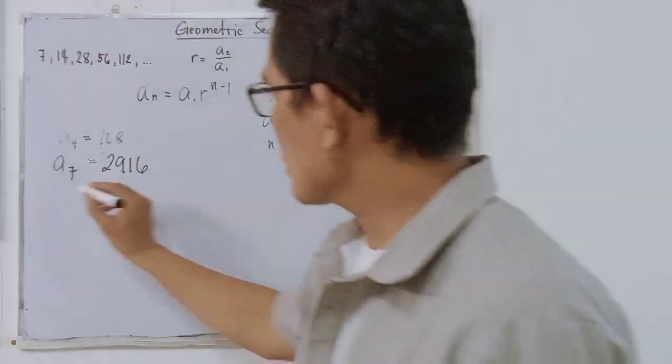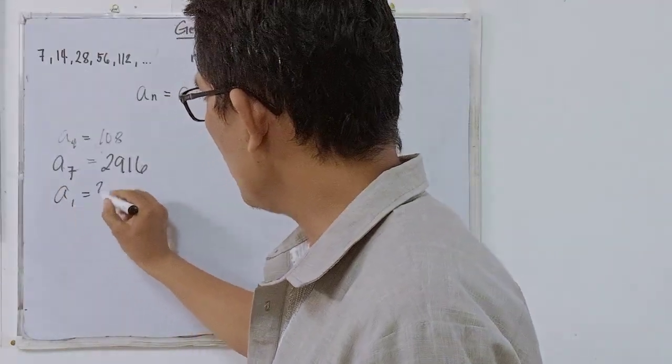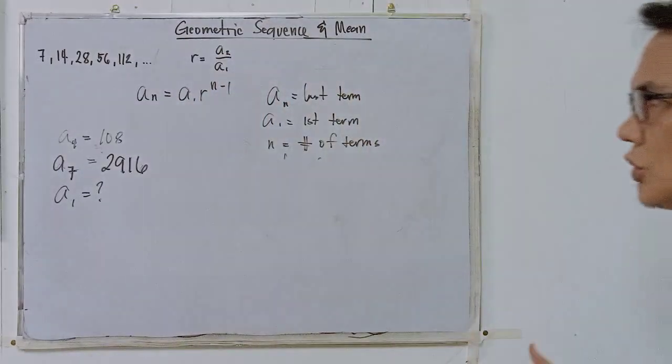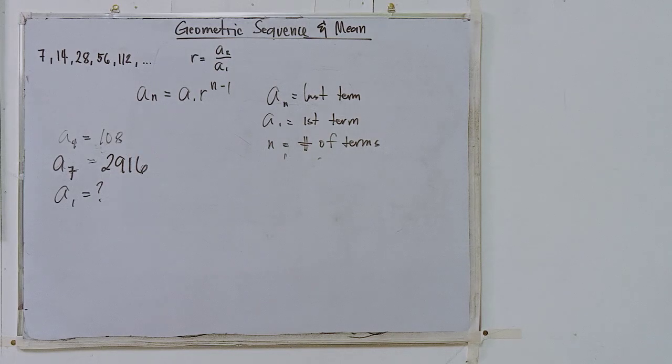So, you are going to solve for the first term. What is the first term of our geometric sequence if a sub 4 is 108 and our a sub 7 is 2,916? You are asked to solve for the first term.